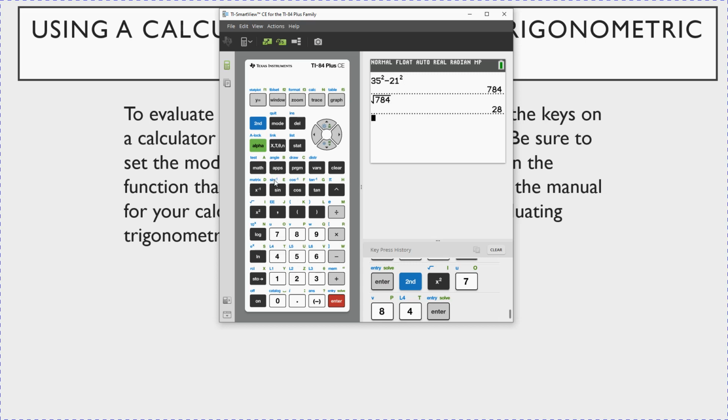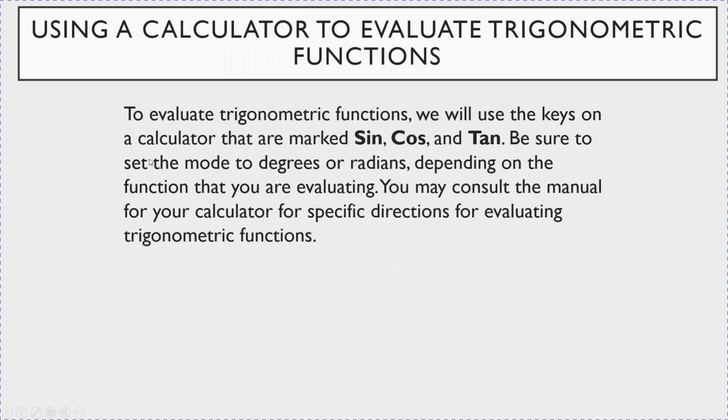I want to note that this sine inverse does not mean 1 over sine. That's really important. This is the inverse sine function, and we'll talk about the inverse sine, inverse cosine, and inverse tangent at a different time. To evaluate a trigonometric function, we use the keys on a calculator that mark sine, cosine, and tangent.